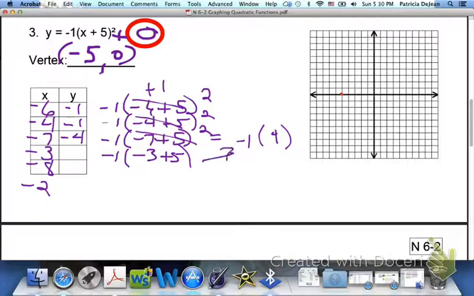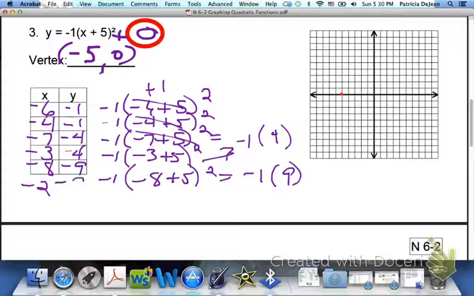So we end up with the same thing as we did there, or a negative 4. And for negative 8, we have negative 8 plus 5 squared. That's going to be negative 1 times, that's negative 3 squared, which is 9. So that's going to be negative 9. And we'll find out with that same idea of symmetry that the negative 2 will also give us a negative 9.